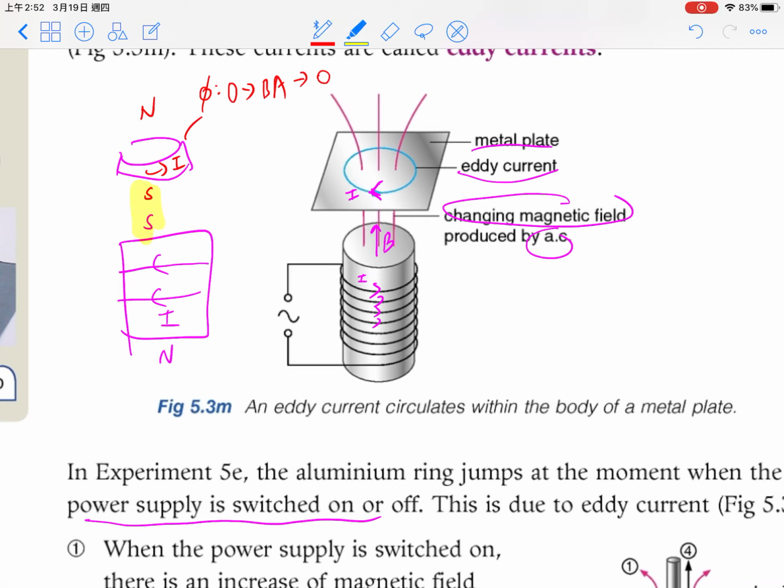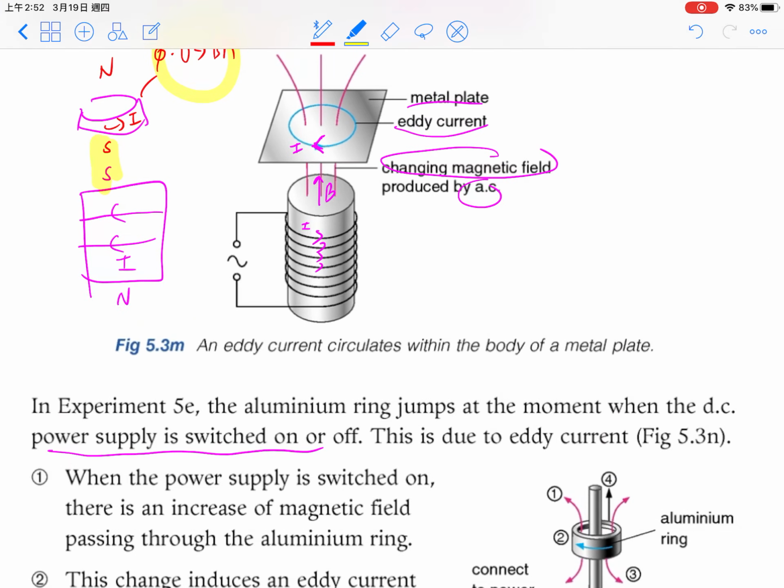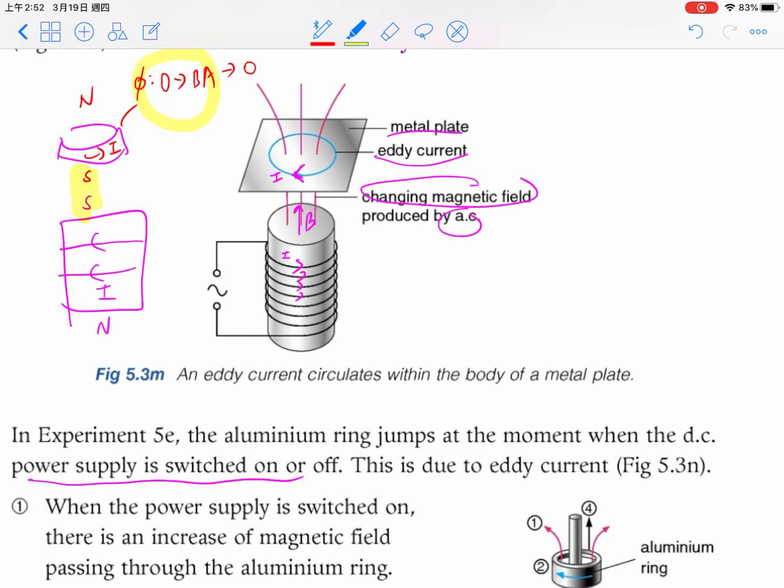So in this case for DC, we can only find the aluminum ring jump one time, that's when we switch on the power supply. For the AC, we always have a changing magnetic field, so we have a continuous eddy current and continuous opposing force, so it can float in air.